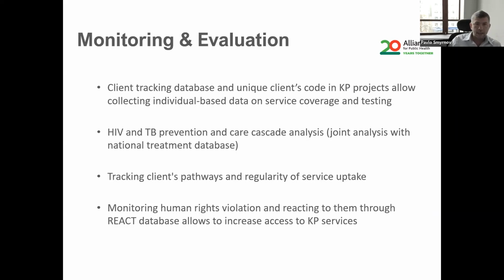We also can validate this with MIS data, because for every positive, we have a unique code which we call case plus, which is the same code used in the MIS system. So we can validate the number of people who have been referred to ART and PrEP from the community projects with the data on treatment from the national MIS system.